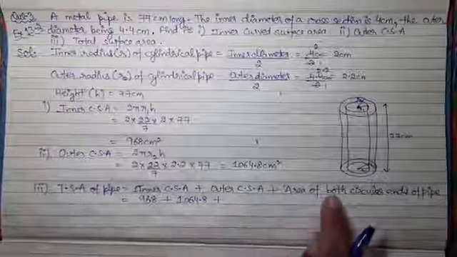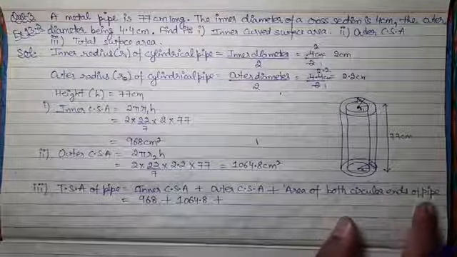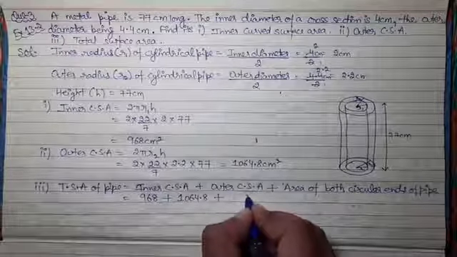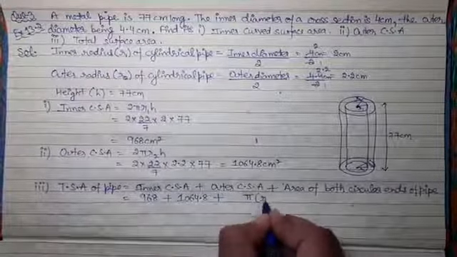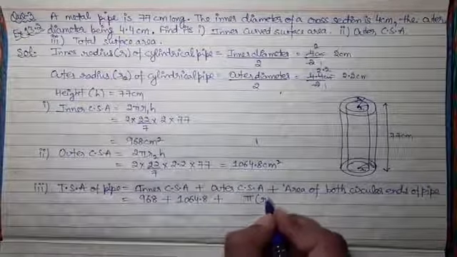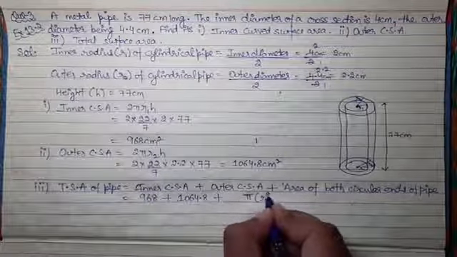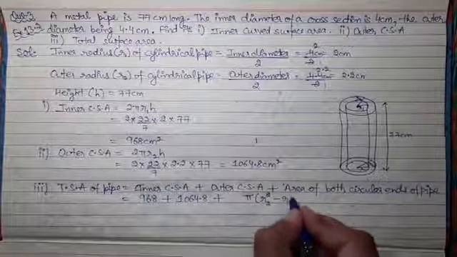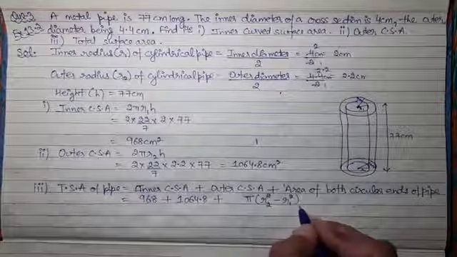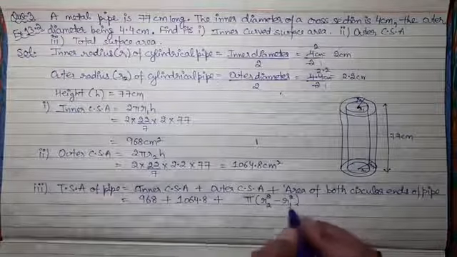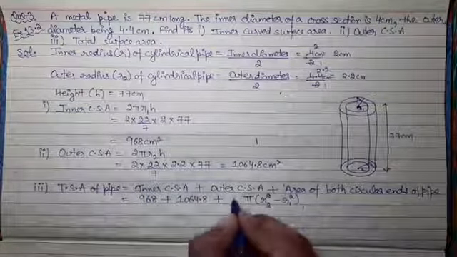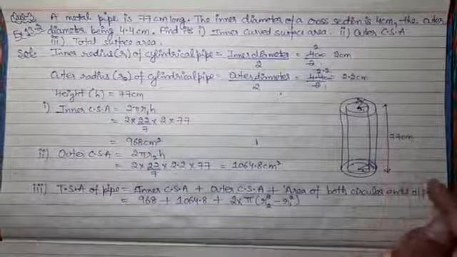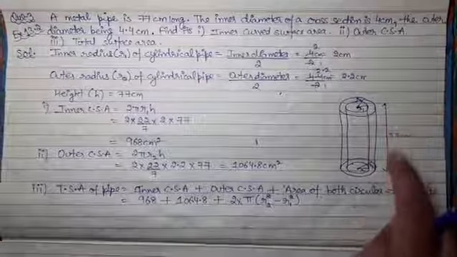Now, area of circular ends of a pipe is pi, R2 outer radius whole square minus inner radius raised to power 2. Students, we have to multiply this formula with 2 because there are two circular ends of this pipe.